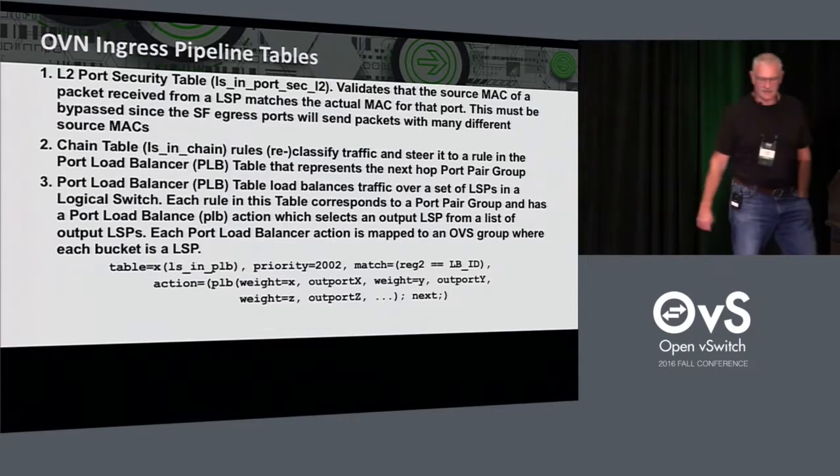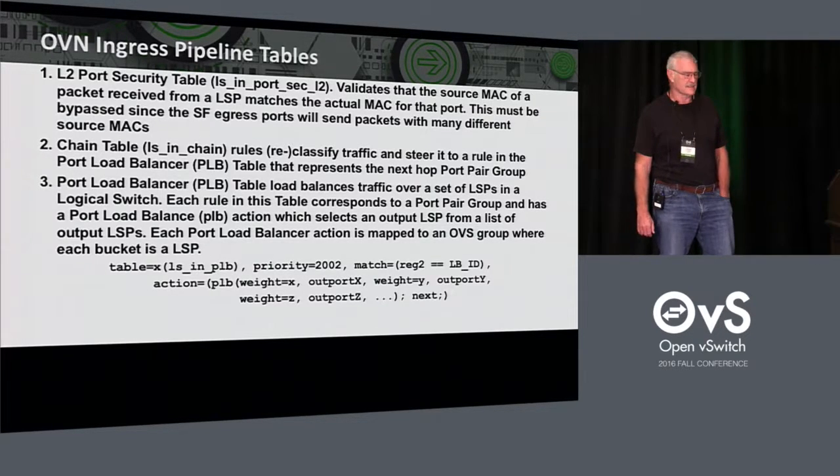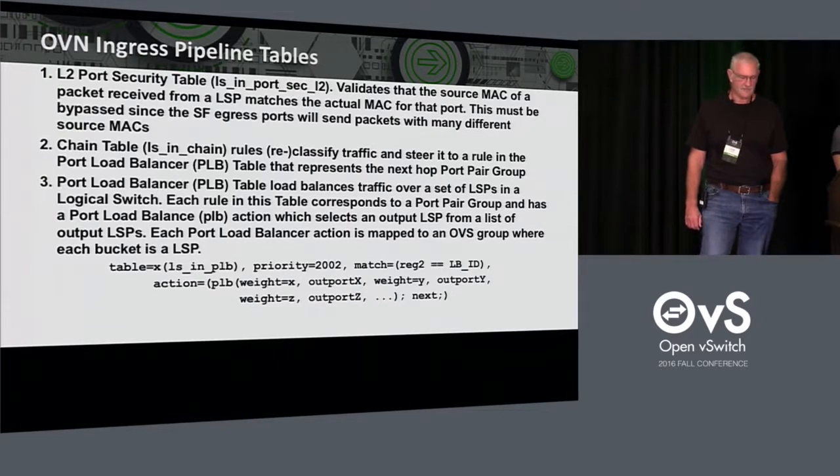So to look at the changes that we would need to add to the ingress pipelines, first of all we would need to change the L2 security table, because for any given service function, we could have traffic passing from many different sources and destinations with different MAC addresses. So we'd need to make changes for that. We'd also add a chain table.